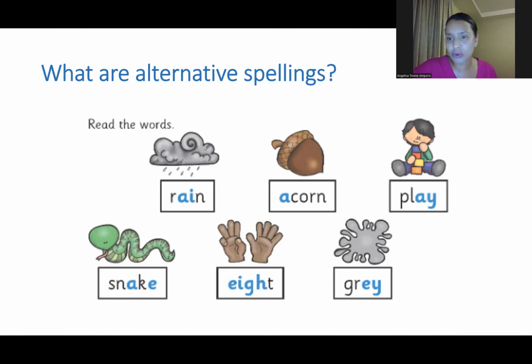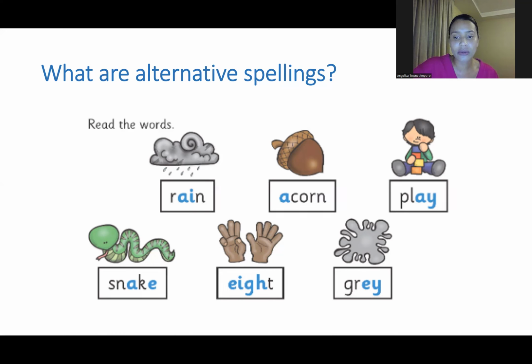So let's talk a little bit more about alternative spellings. This is a very new concept for many people, and something that you probably didn't notice, right? I surely didn't notice when I first started teaching children how to read. Here we have an example of alternative spellings. Looking at all those spellings in blue, what is the sound that those spellings are making?